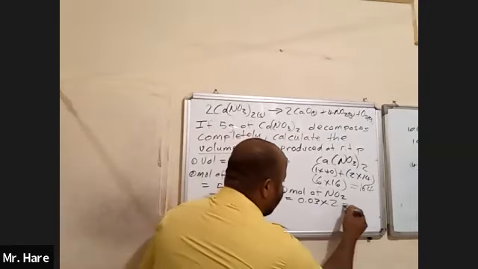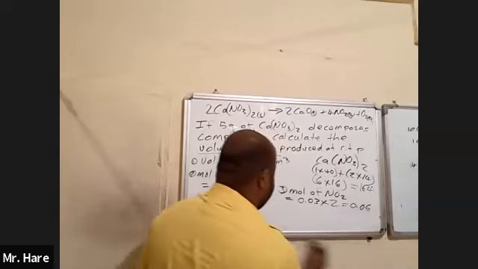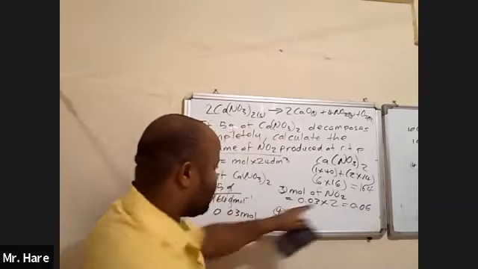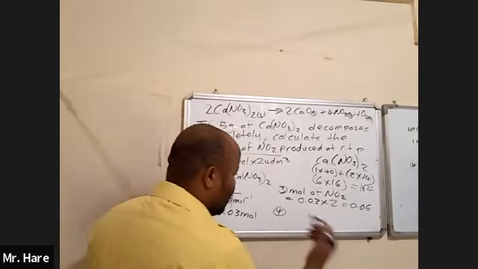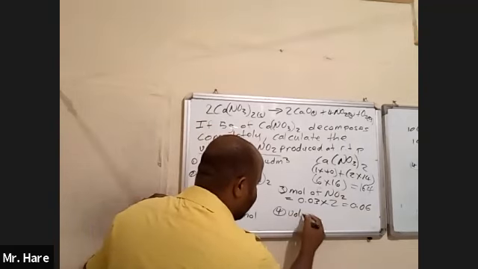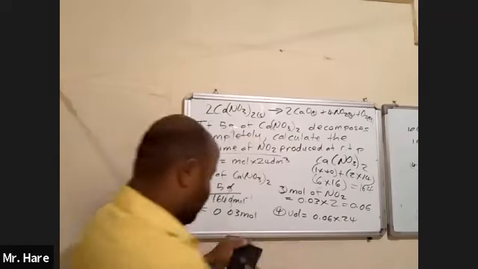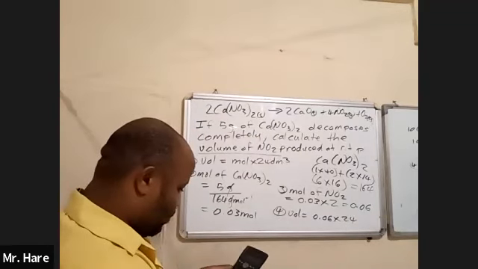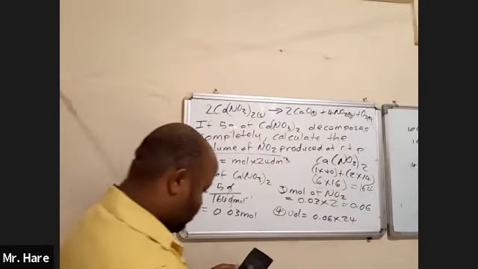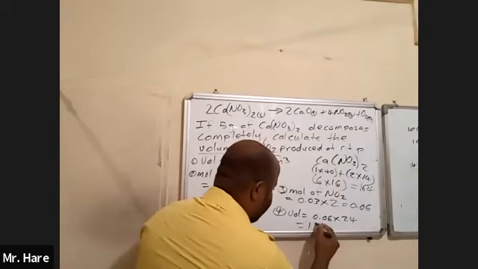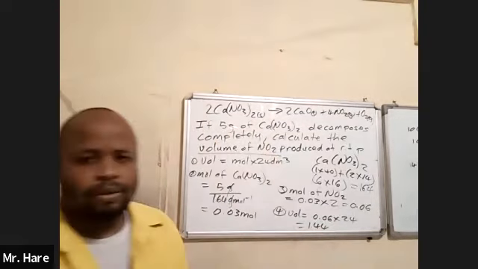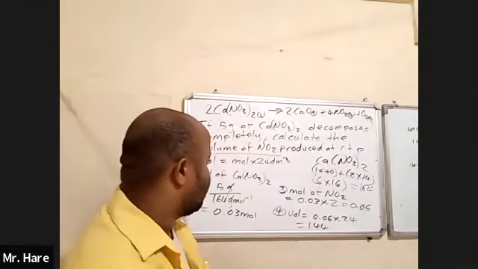So I'm going to get 0.06. And then once you have the mole, you just times it by RTP. So the volume is equal to 0.06 times 24, which is 1.44.